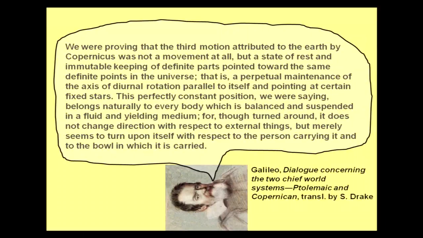This perfectly constant position, we were saying, belongs naturally to every body which is balanced and suspended in a fluid and yielding medium. For, though turned around, it does not change direction with respect to external things, but merely seems to turn upon itself with respect to the person carrying it, and to the ball in which it is carried.